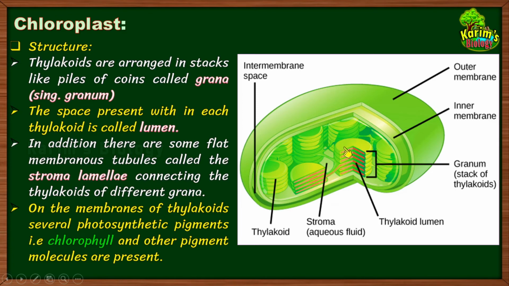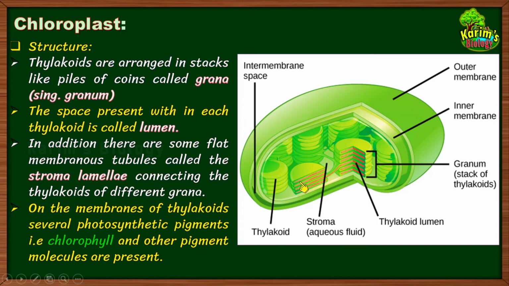I told you that these are thylakoids. Okay, the bag-like structures called thylakoids, which are flattened, and the surface of the thylakoid consists of several photosynthetic pigments, including chlorophylls, xanthophylls, carotenoids, like that. All these are present on the surface of the membrane of this thylakoid, right?